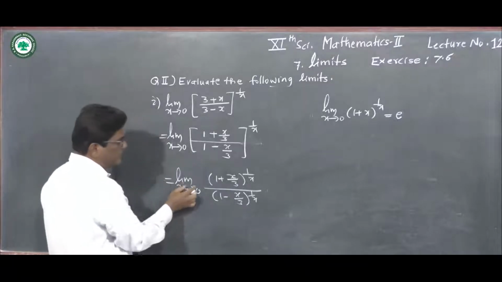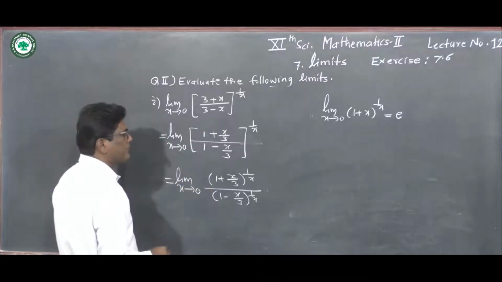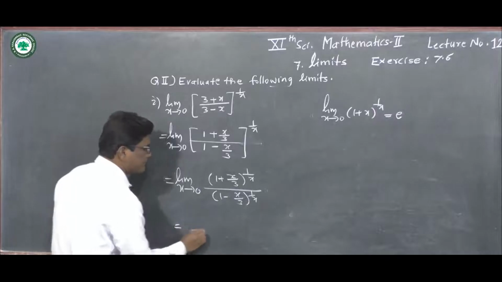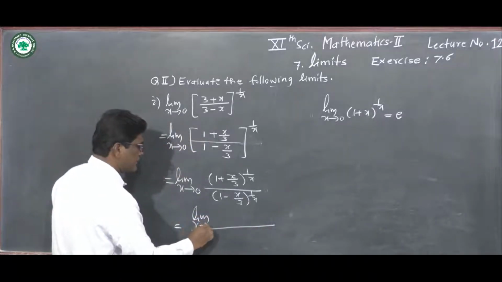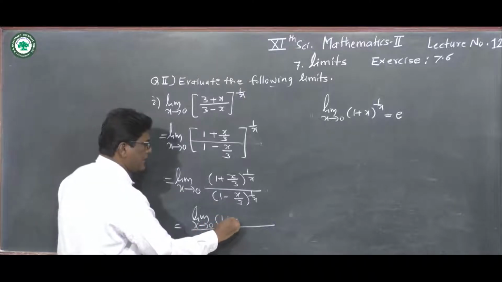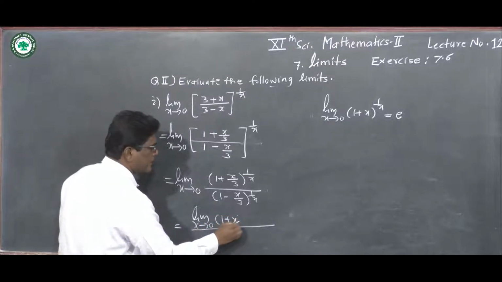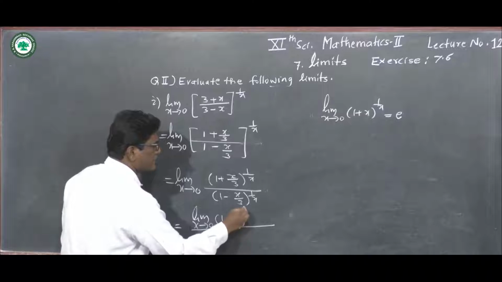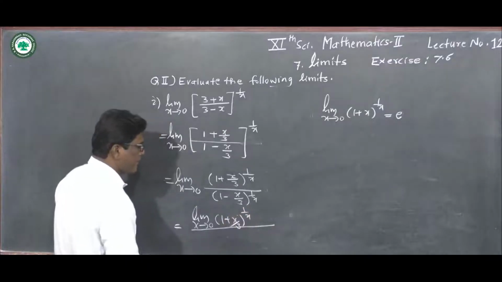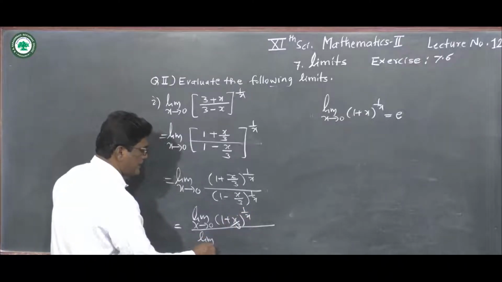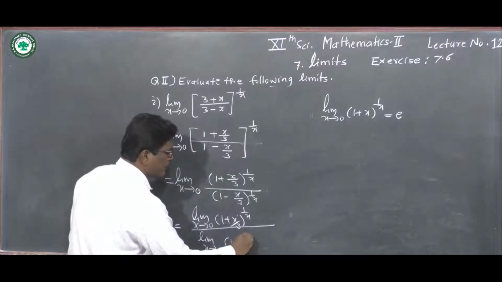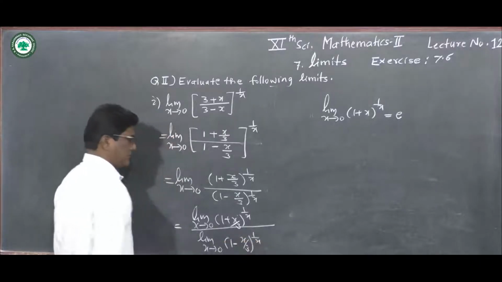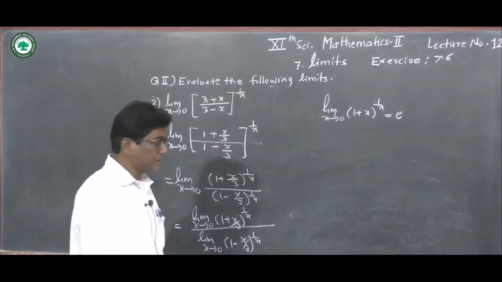Now separate the limit into numerator and denominator, and so we get limit as x tends to 0, (1 plus x upon 3) to the power 1 upon x, divided by limit as x tends to 0, (1 minus x upon 3) to the power 1 upon x. We separate the limit.